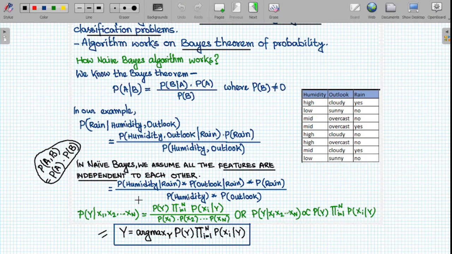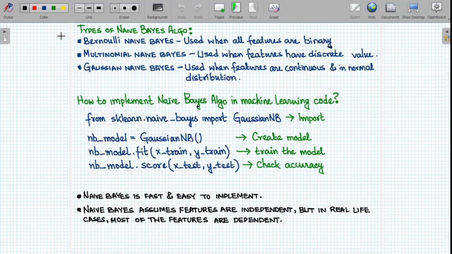Enough of mathematics, let's understand the other key points related to Naive Bayes algorithm. There are three different types of Naive Bayes algorithm: Bernoulli Naive Bayes algorithm, Multinomial Naive Bayes algorithm, and Gaussian Naive Bayes algorithm. Now the question is which algorithm to choose for our machine learning problem statement.